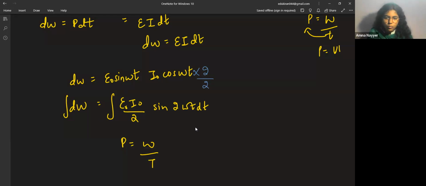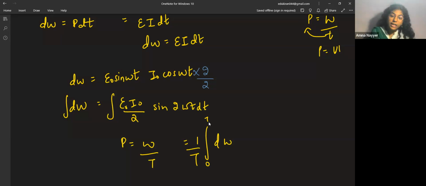So this is our work done, no? When you are integrating it, you will have time also in your calculations, 1 by t, and then this integral from 0 to t. Clear? 1 by t, dW over dt over t, where t is the total time.